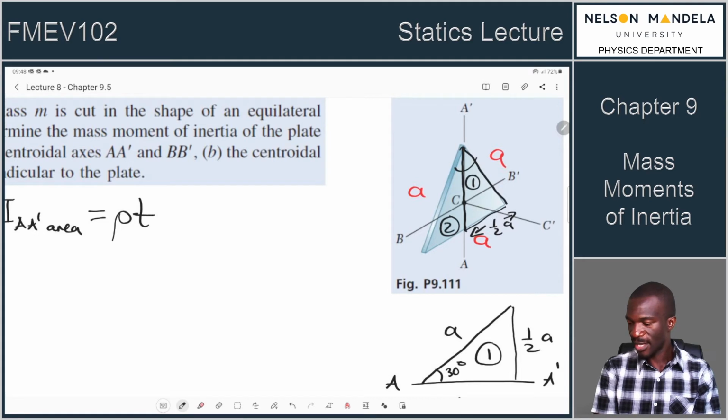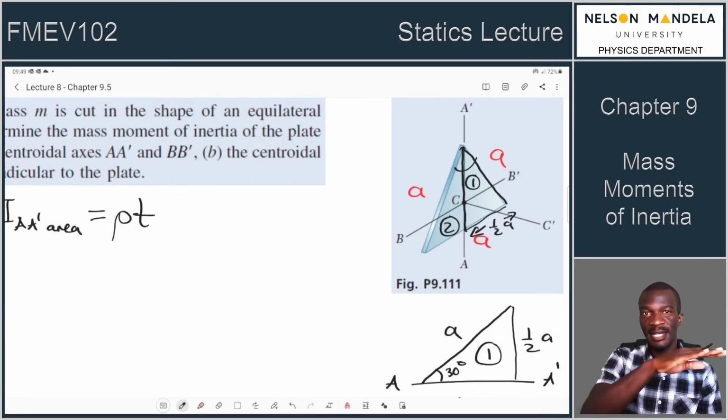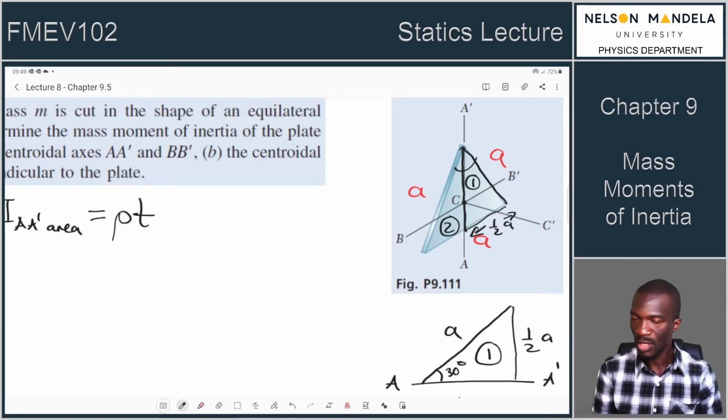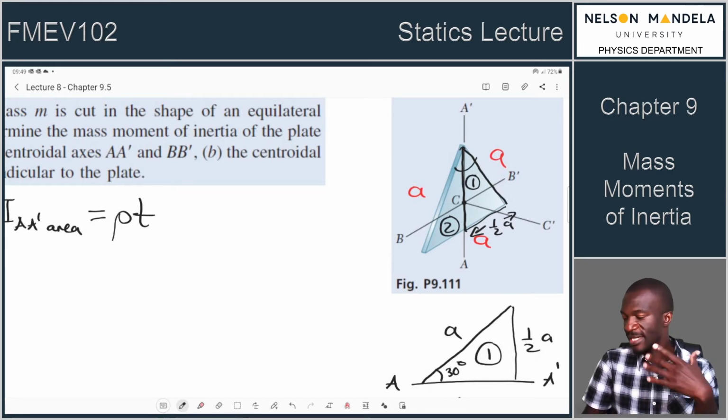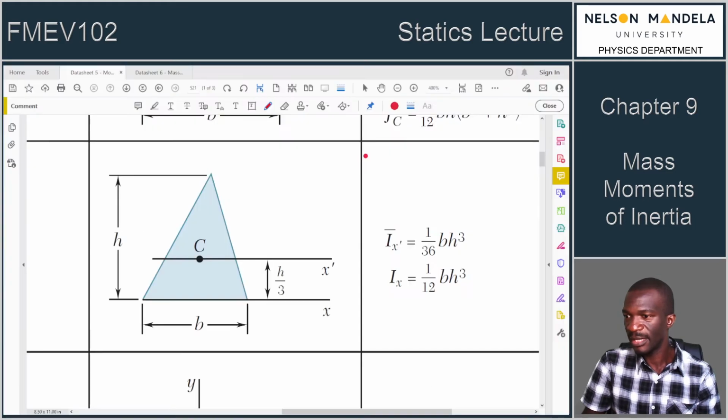Right, so I think we now have some grounds to use our equation for the area moment relative to the base. So let's look at the equation and see what is necessary from that table.